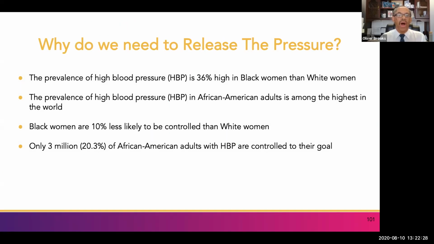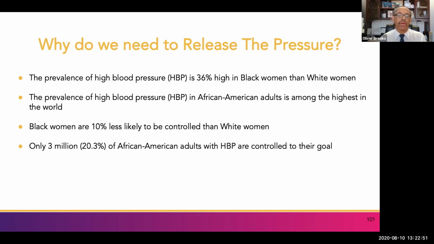So why? You all know this is preached to the choir, but high blood pressure is 36% higher in Black women as opposed to white women. Prevalence of high blood pressure in African-American adults is among the highest in the world, not the nation, in the world. And Black women are 10% less likely to be controlled than white women.